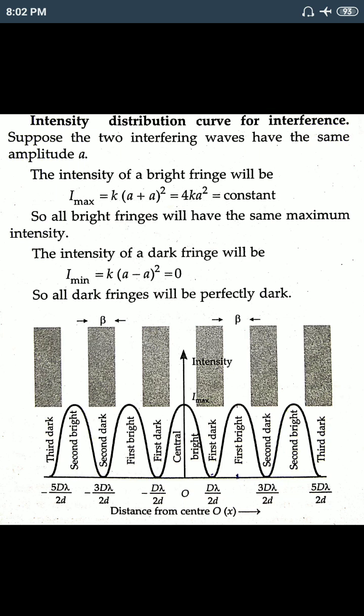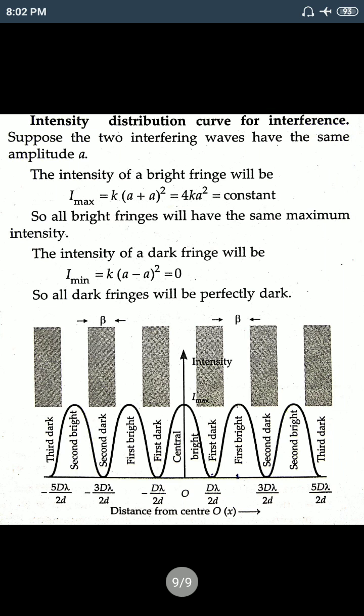That means if we find the width of the dark fringe, we have to subtract the positions of two consecutive bright fringes. The same applies for bright fringes also. Whatever value we get, first order, second order, third order, in this pattern all these things are mentioned.